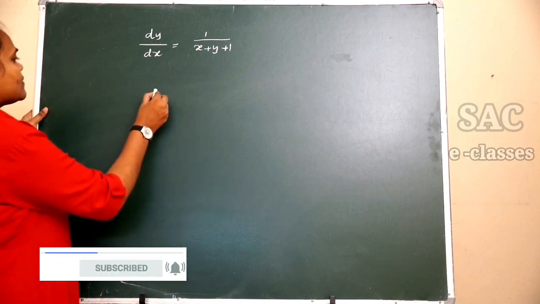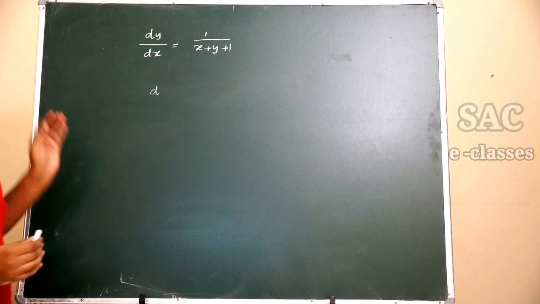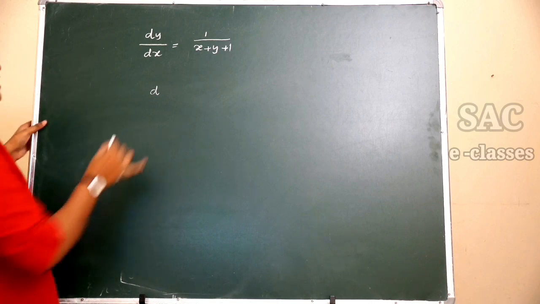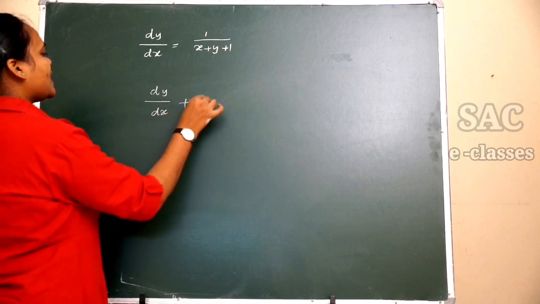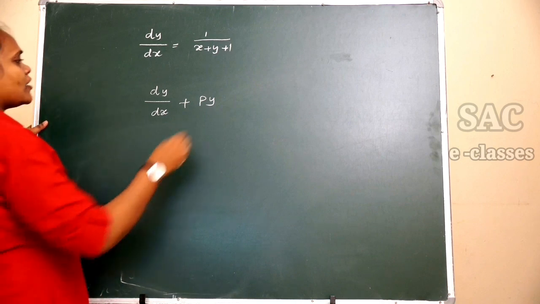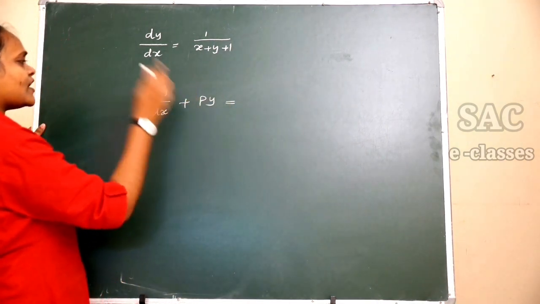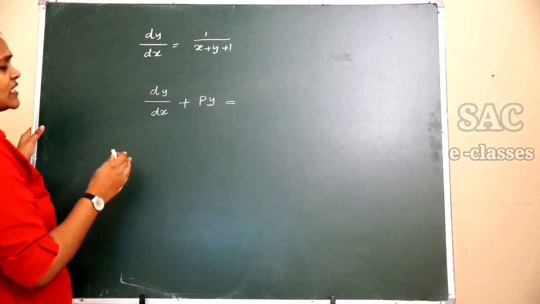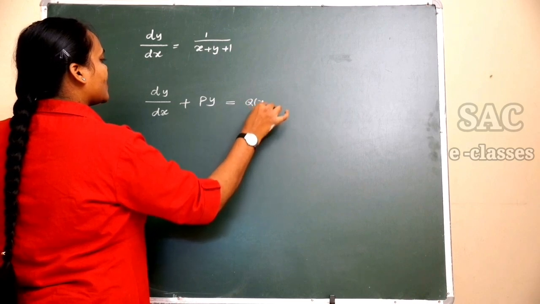So we know that we have a linear differential equation with the help of an integrating factor. What is that? dy/dx + Py = Q, where P is some polynomial or any kind of function in terms of x, and Q is a function of x.